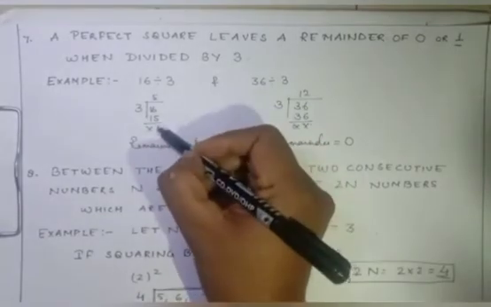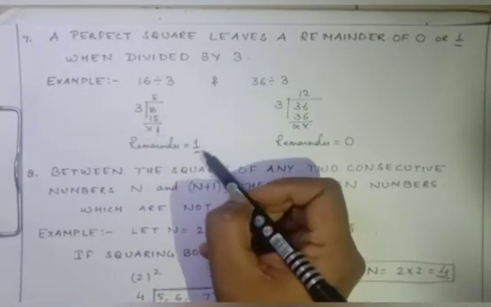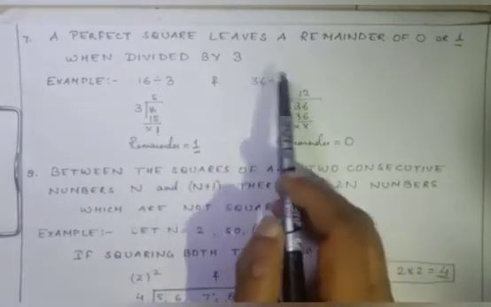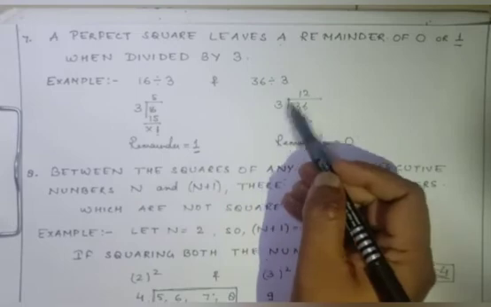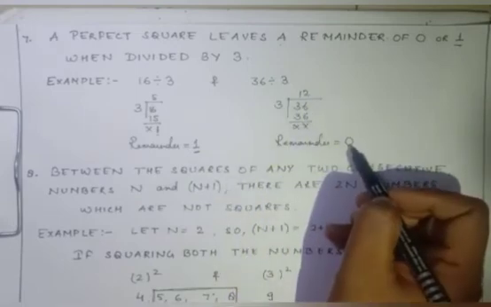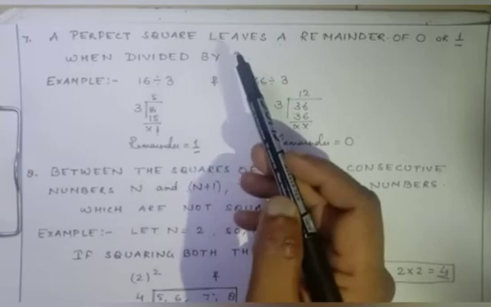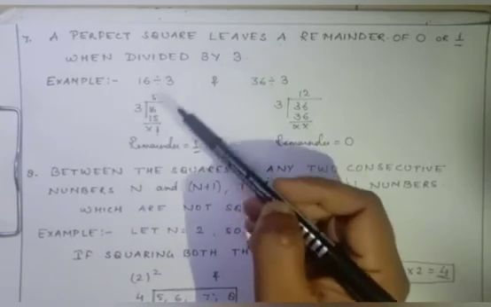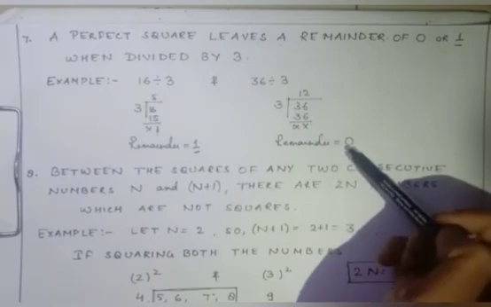The remainder is 1. This is the first case when I am getting a remainder of 1. Let us see another case. 36 divided by 3. So 3 twelves are 36. Over here I am getting a remainder of 0. In both the cases, whenever a perfect square is divided by 3, either you will get a remainder of 1 or you will get a remainder of 0.